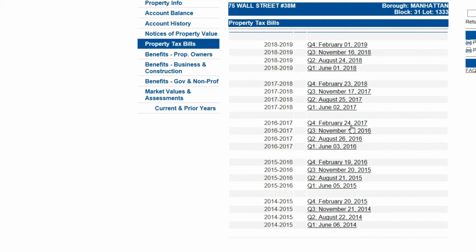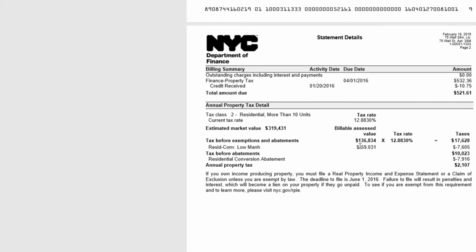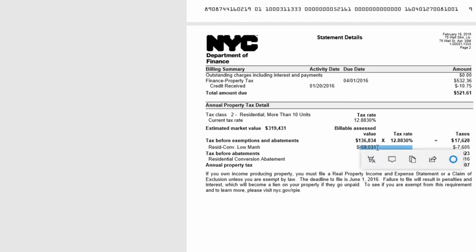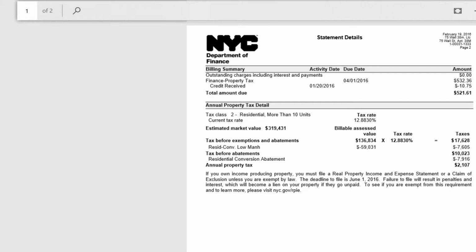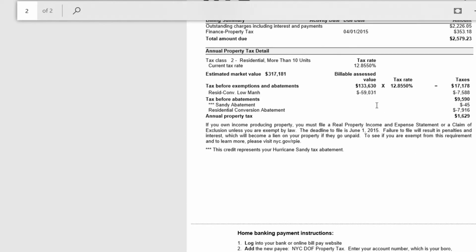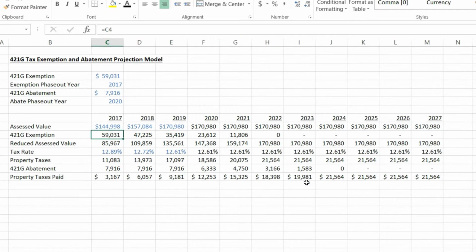So if you just go back in a few more years, you'll verify that in these 2 prior years indeed the exemption amount stays here. So this is the original maximum exemption level, and indeed it is the same for the prior year as well, 59031. And you'll see that this ties out with our projection model.